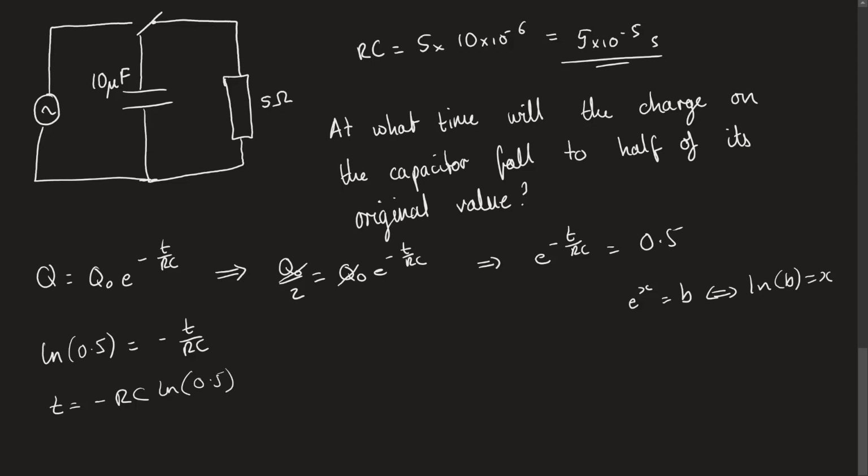Now you might be concerned that there's a negative symbol here, but actually when you calculate log of 0.5, log of 0.5 will also be negative, so the negatives will cancel. Now we know RC already, because we found out RC at the top here is 5 times 10 to the minus 5, times by log of 0.5, and when you put this in a calculator, you end up with 3.5 times 10 to the minus 5 seconds.